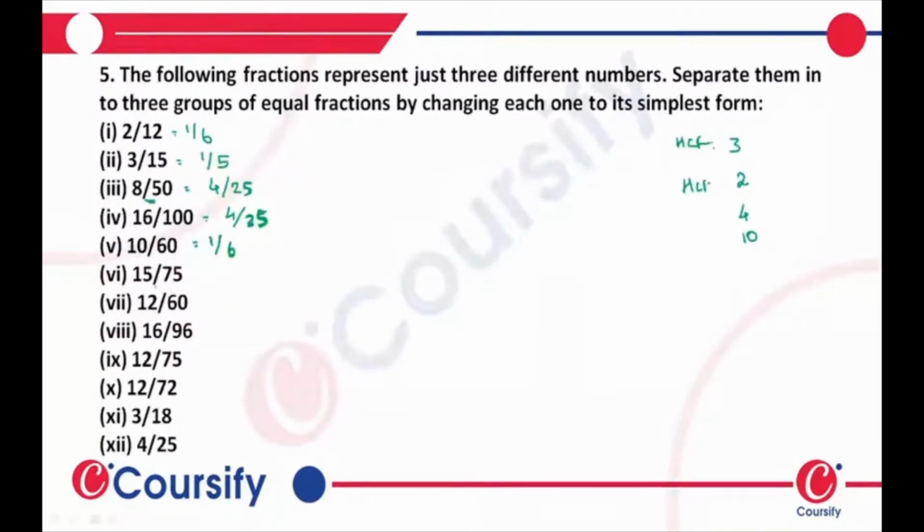So next question, we have 15 by 75. So 15 times 1 is 15, 15 times 4 is 60, and 15 times 5 is 75. So basically the HCF is 15 because it's a perfect multiple. Okay, so 15 divided by 15 is 1, and 75 divided by 15 is 5.